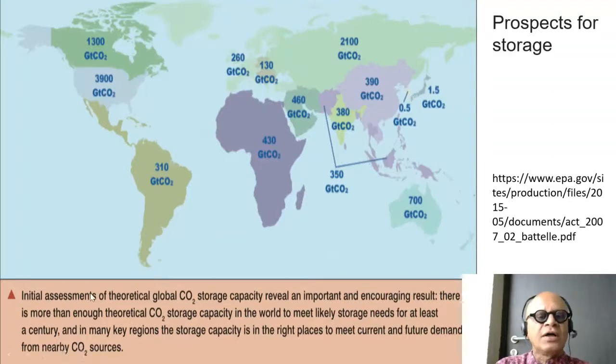Okay. This is a map from this EPA site showing initial assessments of theoretical CO2 storage capacity, revealing an important and encouraging result. There is more than enough theoretical CO2 storage capacity in the world.